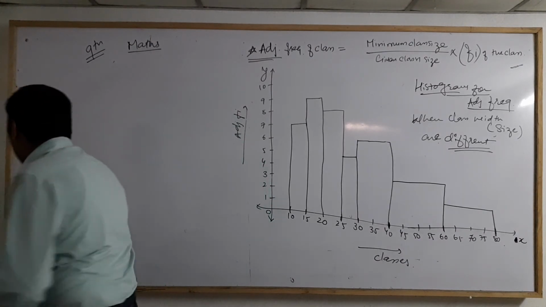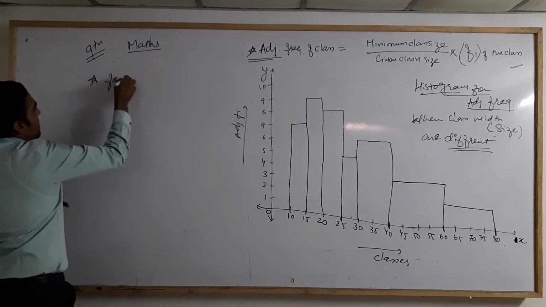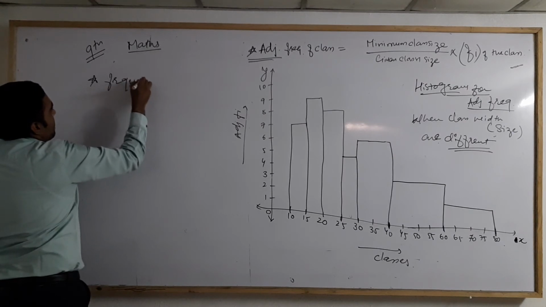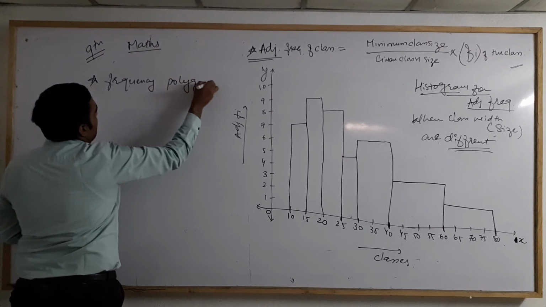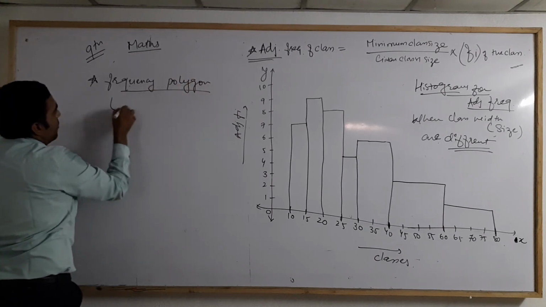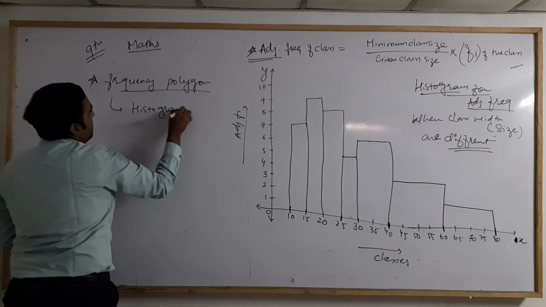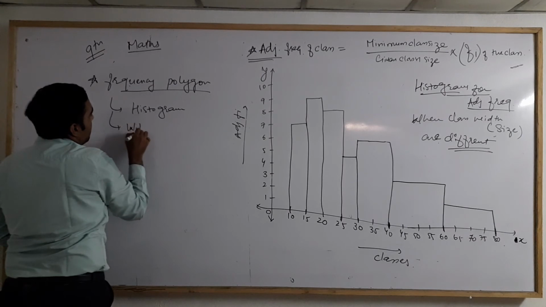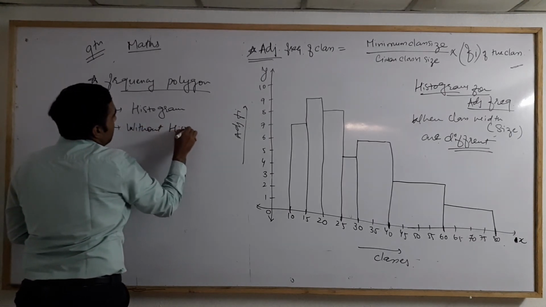Okay, we are learning about the frequency polygon with two types: with histogram, and second is without histogram.